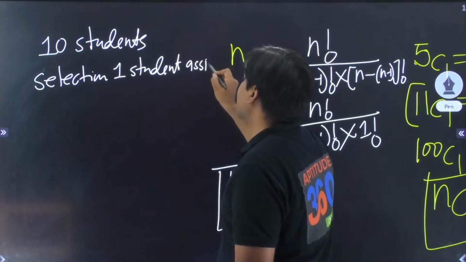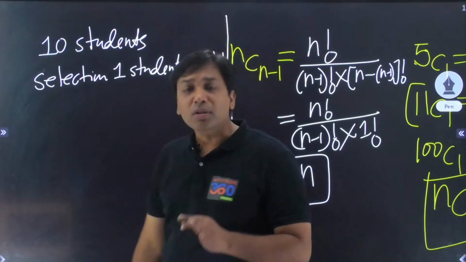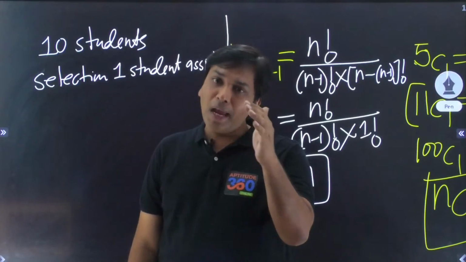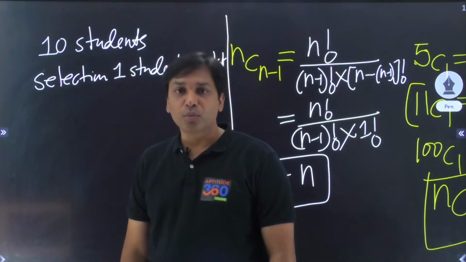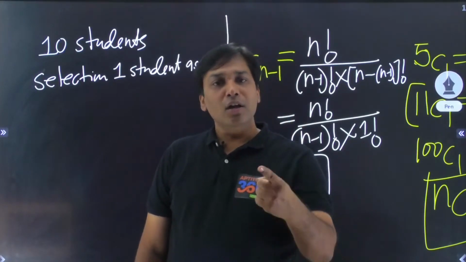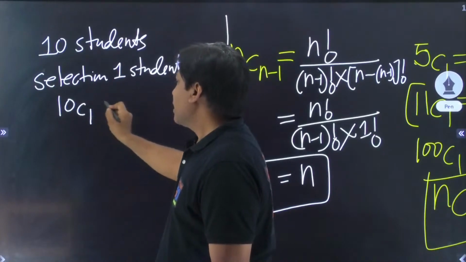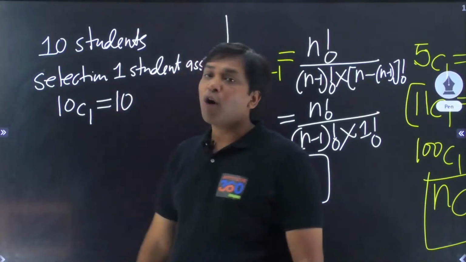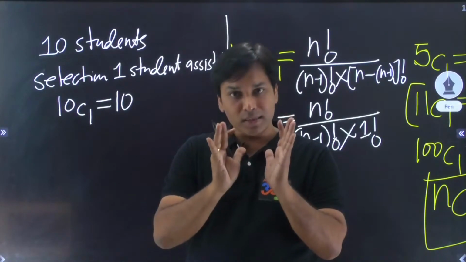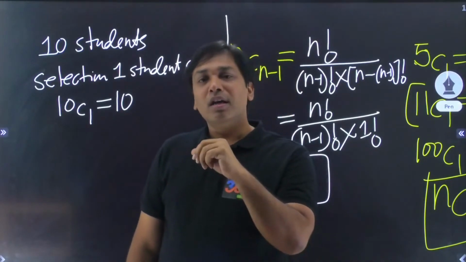I had a project, and for a particular project I need 1 student assistant. Now I have 10 students. Either I directly select, saying I need 1 out of 10: 10C1, isn't it? That comes out as 10. In how many ways can I select 1 student out of 10 students? Only 10 ways, right?